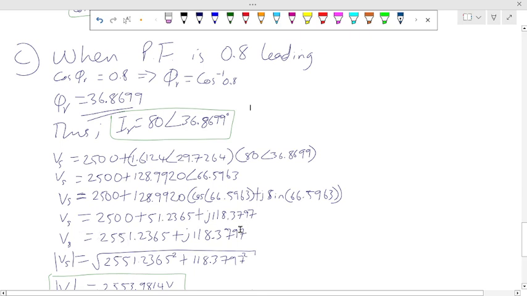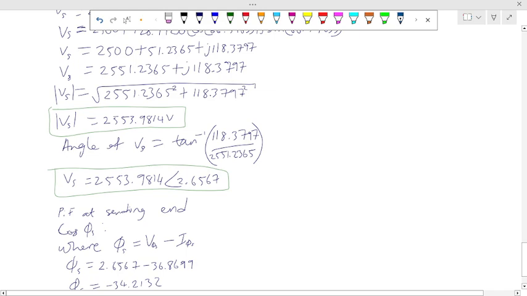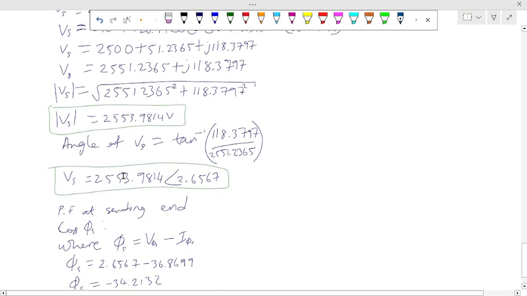You change it to polar form by getting the magnitude, and then you have this as the magnitude, and then you take the angle, tan inverse of imaginary part to real part. I'm just rushing this through because we've done this. Going into detail will just be repetition. I've gone into details in the previous video, so I'm just stating this point after point. And that will give you this.